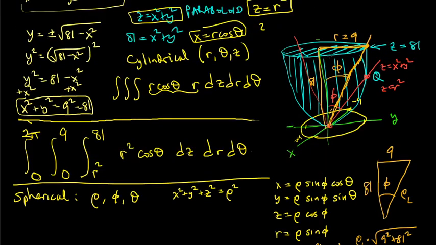So here's what's going to happen. When phi goes from 0 to this angle, so this is phi equals 0, and this is phi equals arctangent of 1/9, whatever that is, we have a cone. We have the inside of the cone here.